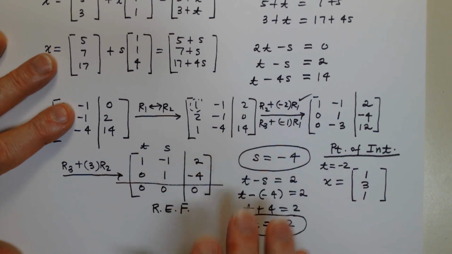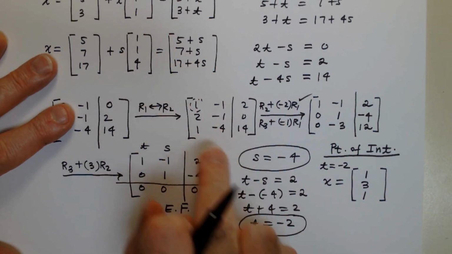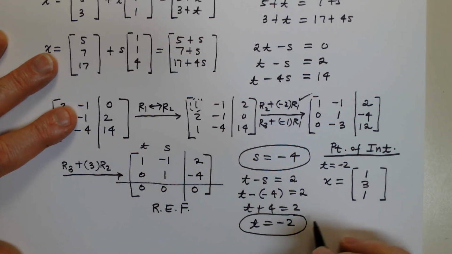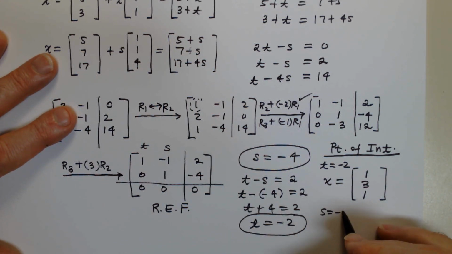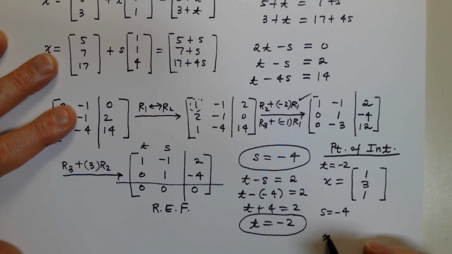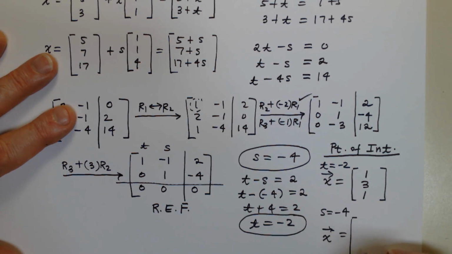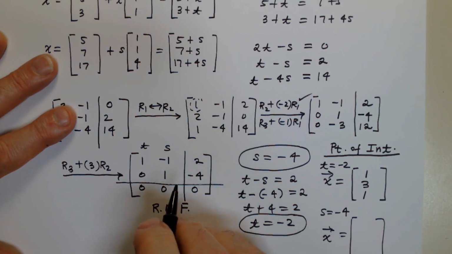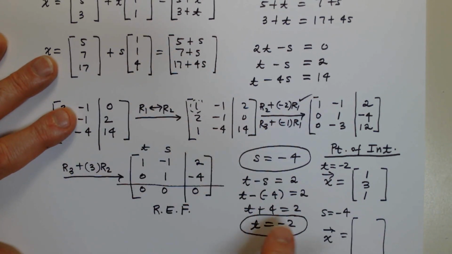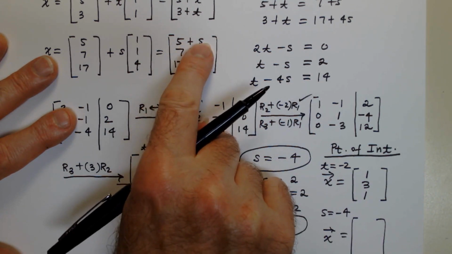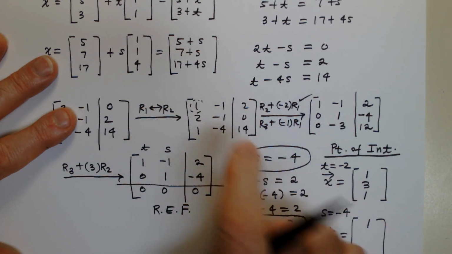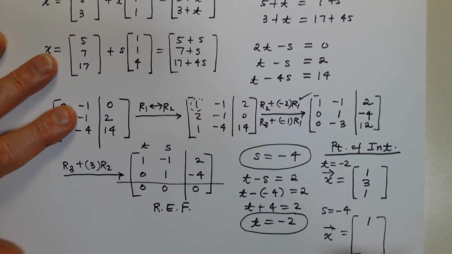Now, just to show you, we could have just as well worked with this equation and S equals negative 4. Let's see how it would look if we'd used this vector instead with S equals negative 4. 5 plus a negative 4 is 1. 7 plus a negative 4 is 3.